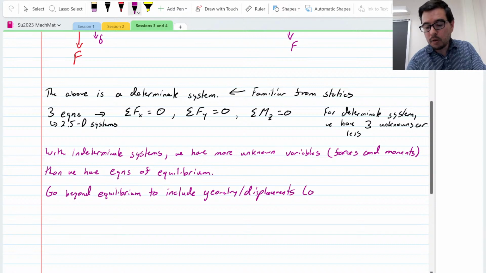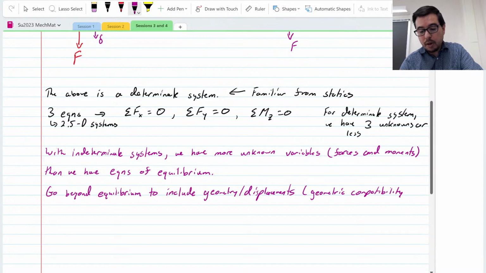This is what we call geometric compatibility, and we can think about deformation as well.